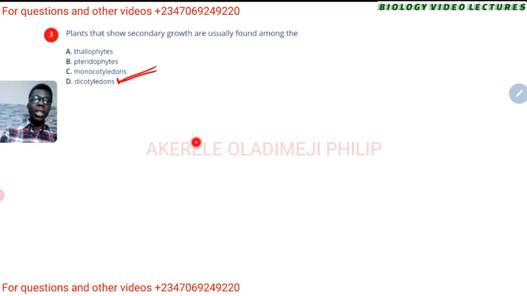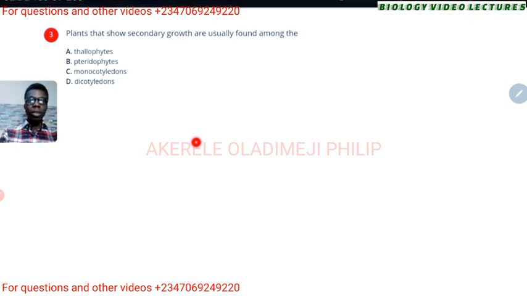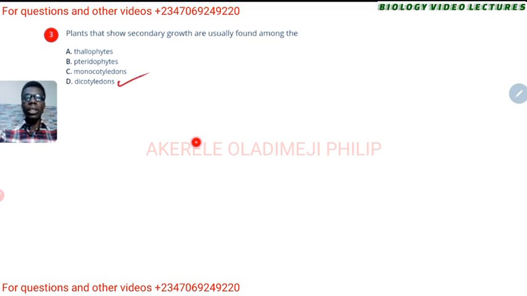Plants that show secondary growth are usually found among the dicotyledons, like the dicots. Basically, they are the ones that actually undergo secondary thickening.